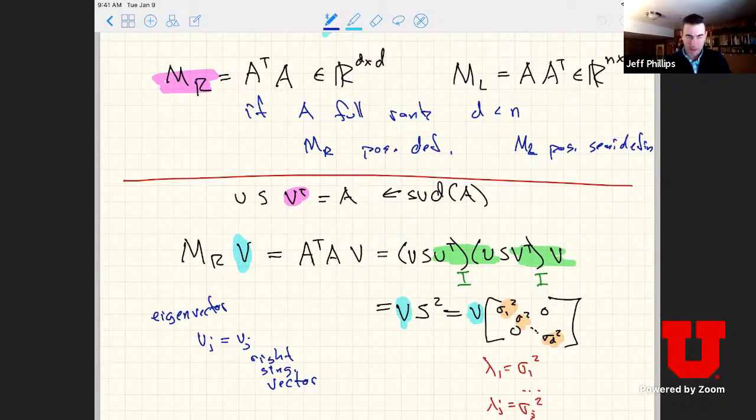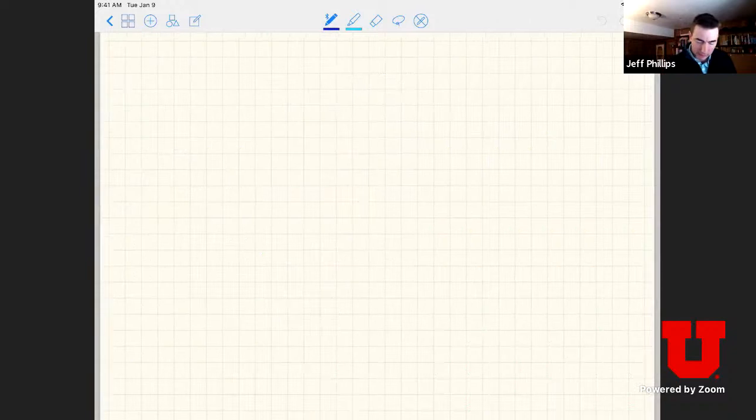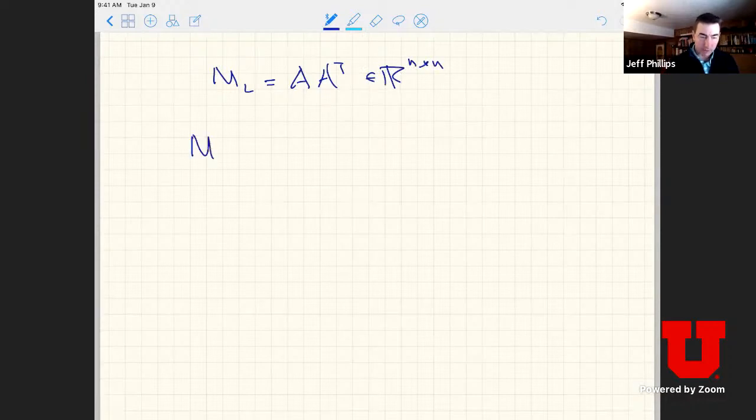Okay, let me just say two more things. Okay, ML, remember that this was equal to A transpose. This is in R n times n. And I can again do ML now times this U matrix.